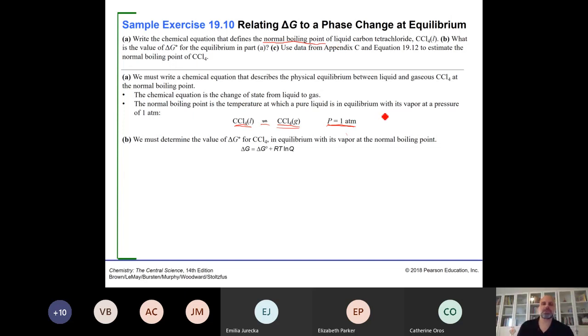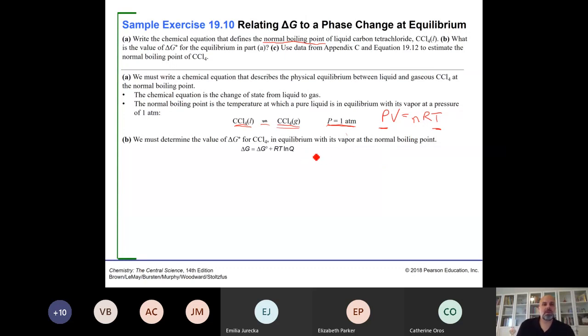If we change the pressure, we will also change our boiling point, because we learned before that PV equals nRT. If we change the pressure and keep the volume the same, the temperature is going to be directly affected. So we can affect our boiling point by changing the pressure of a system.